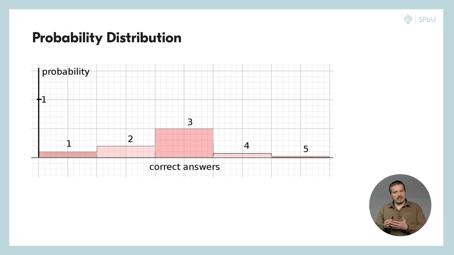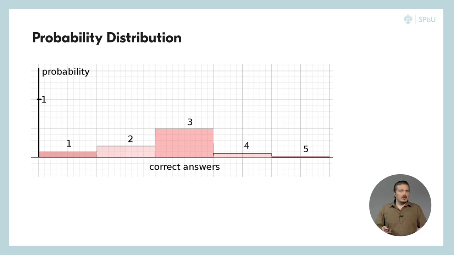Imagine that you try to estimate this value. On the horizontal axis, we have all possible results for x from 0 to 5, since the test has 5 equally weighted questions. You are perfectly sure that you have answered at least one question correctly. So the probability of x being 0 you estimate as 0.